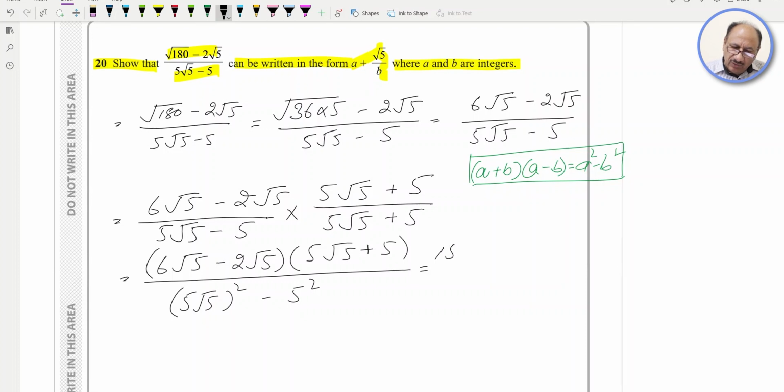Basically this will be 150 if we multiply this with this. Then we will be multiplying minus 2 under root 5 with 6 and under root 5 with 5 under root 5 will give us 150.